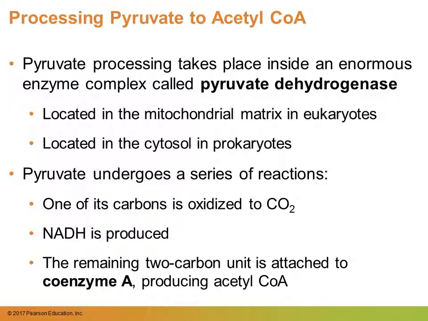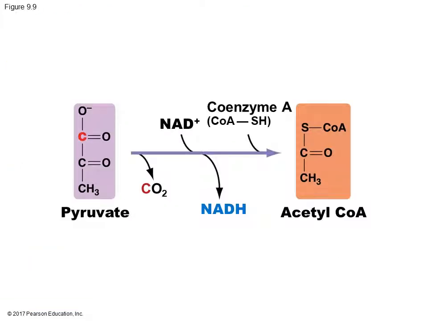And then at the end of the processing, coenzyme A is added, producing acetyl-CoA. This diagram shows that pyruvate has 3 carbons, but one carbon, in red, is going to be lost as CO2, leaving only 2 carbons, which will form acetyl-CoA. And notice that coenzyme A and sulfur are added, forming acetyl-CoA.